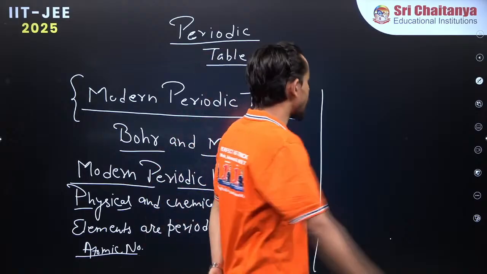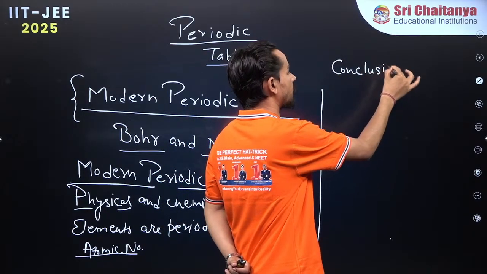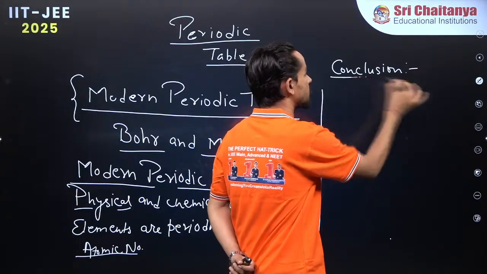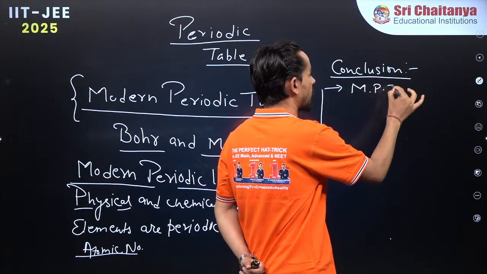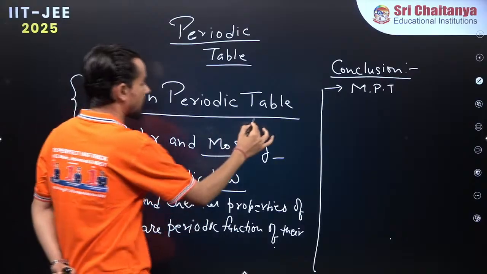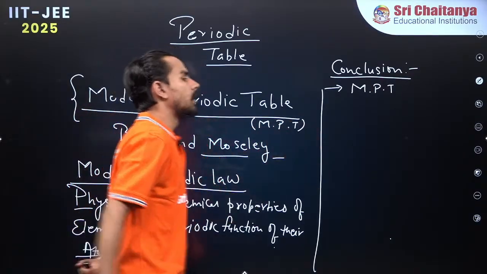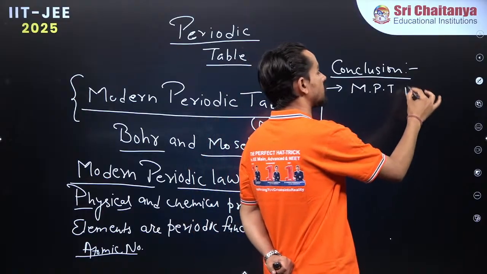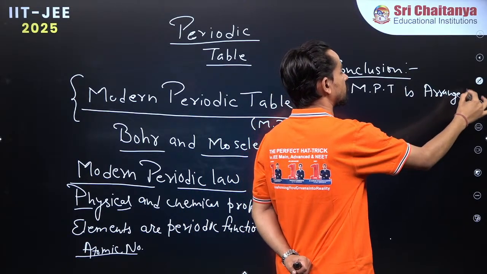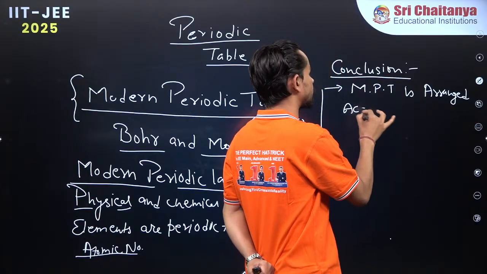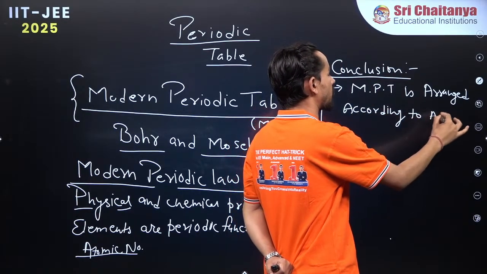What conclusion can we draw on the basis of this law? First of all, the modern periodic table is arranged according to atomic number.